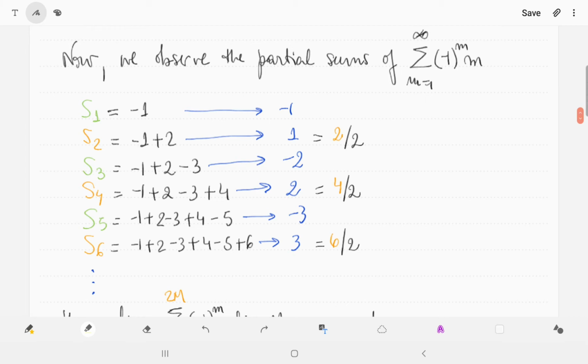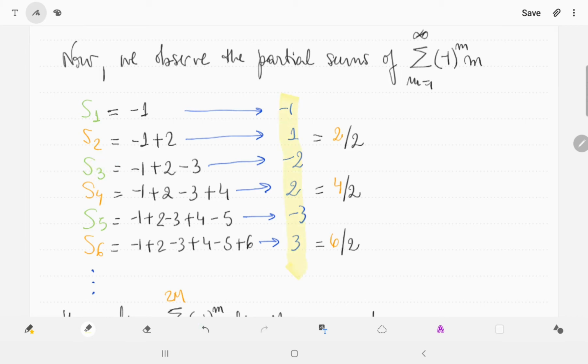The first partial sum is just 1 times -1 to the power 1, so it's -1. The second one is -1 plus 2, which gives 1. We can calculate the third one, the fourth one, the fifth one, the sixth one, and so on, and we will get this blue line.